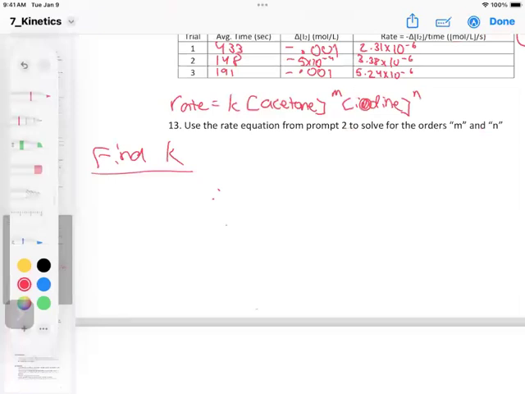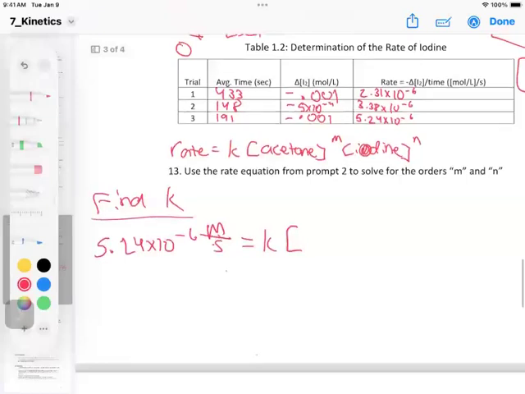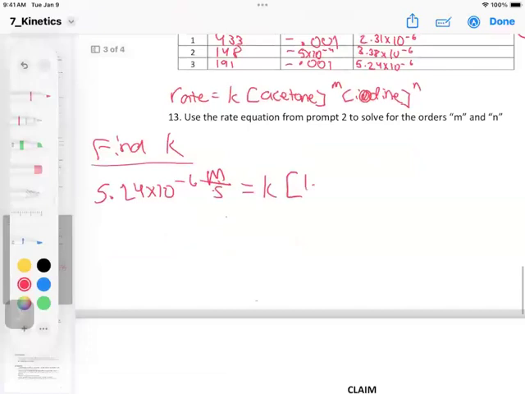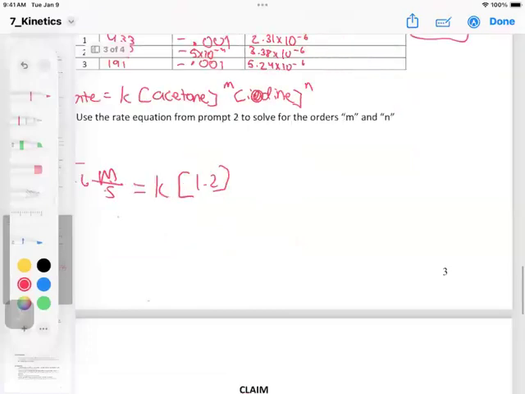Our rate of trial 3 was 5.24 times 10 to the -6 molars per second. Trying to find K. The concentration of acid shown for trial 3 is 1.2, and that's raised to the m, which is 2.